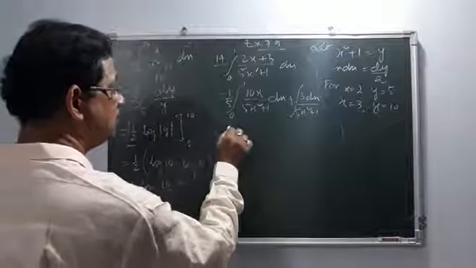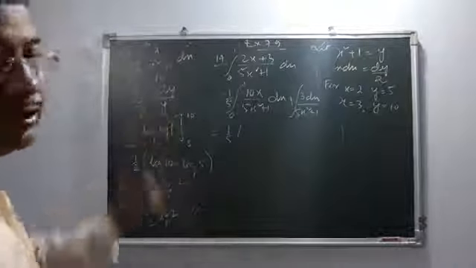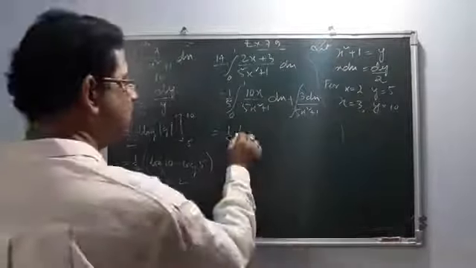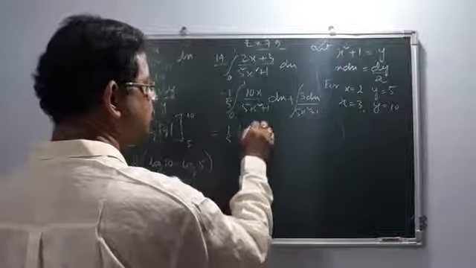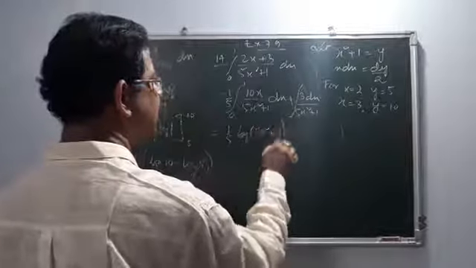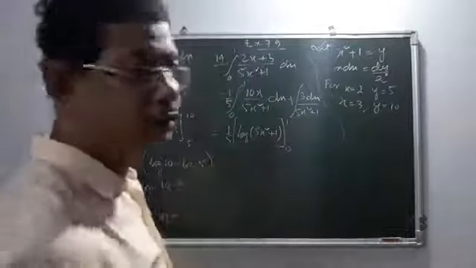Now the numerator is the differentiation of the denominator. Our experience says that if the numerator is the differentiation of the denominator, the result will be log modulus of the denominator. So we can write this, and we will put the range 0 to 1. Now what about this?